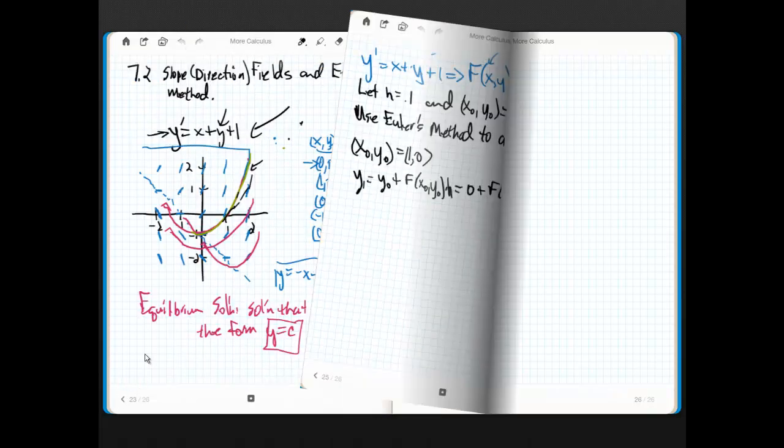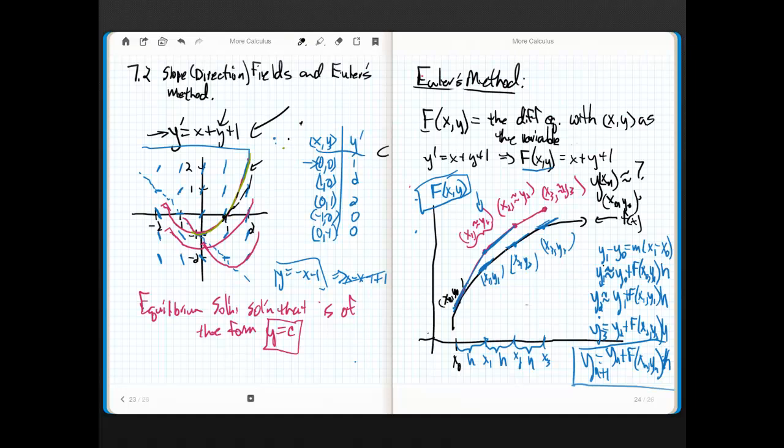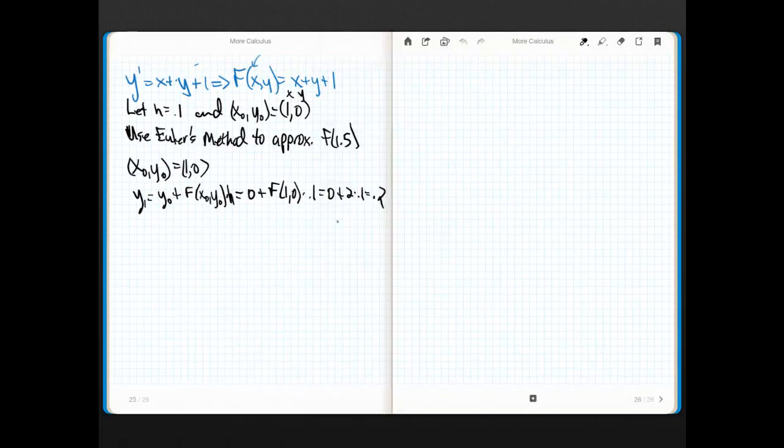So let's go back here real quick. If I started at 1 comma 0 and I move over 0.1, this is how I like to write this, I like to say that x1 is 1.1 because of my h, right?